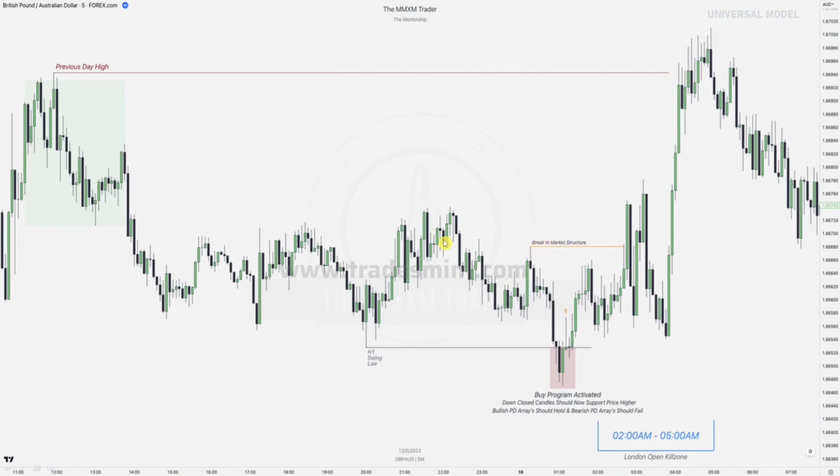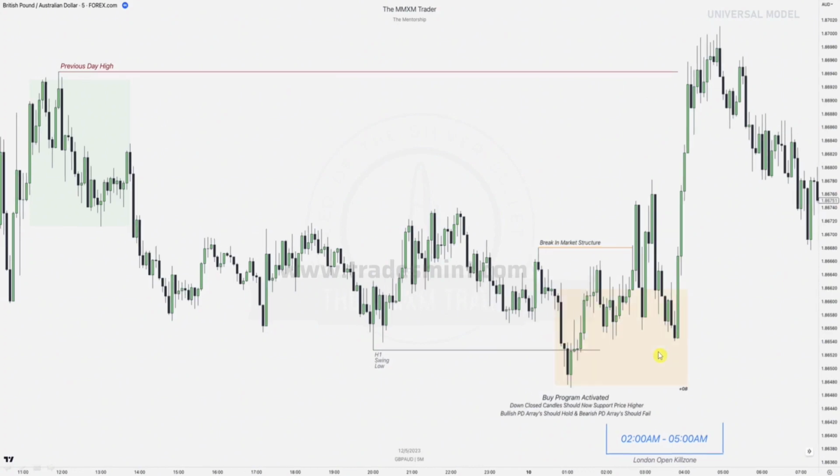And remember about that low resistance liquidity, right? We're looking for failure swings and equal highs and equal lows. So we're going into the buy side of the curve. Now let's outline our PD arrays. We've got this whole set of down close candles being a bullish order block, right? So we're in a buy program, so all down close candles should support price up higher, right?